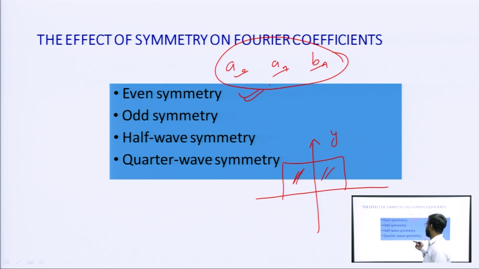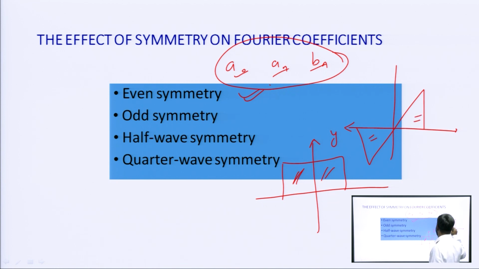Any signal or function which has symmetricity around the origin, as we just saw, is called an odd signal. Here we will see two extra symmetricities, half wave and quarter wave. What is half wave symmetricity and what is quarter wave symmetricity?